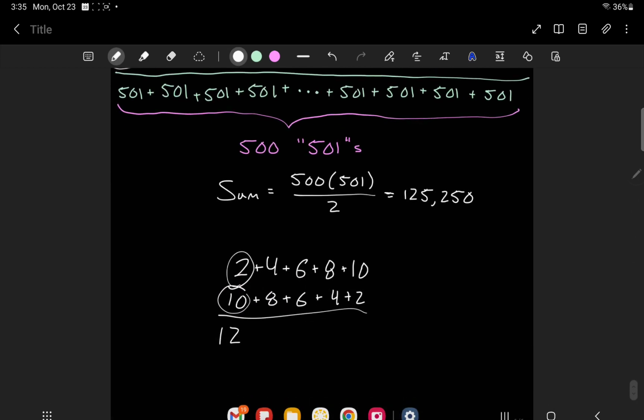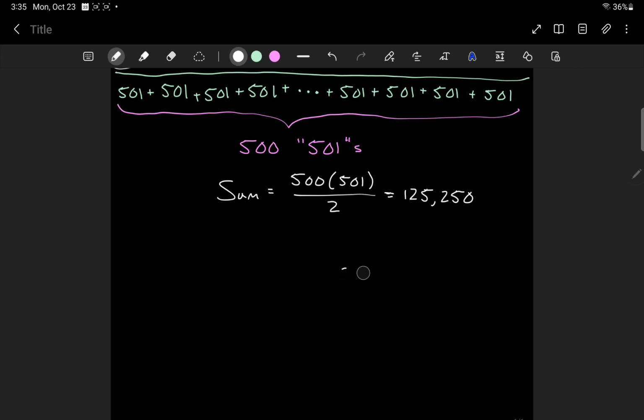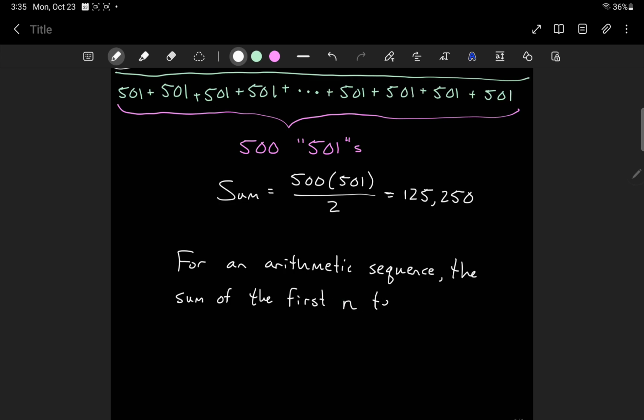So in general, what we can say is that for an arithmetic sequence, the sum of the first n terms is called S sub n, right?